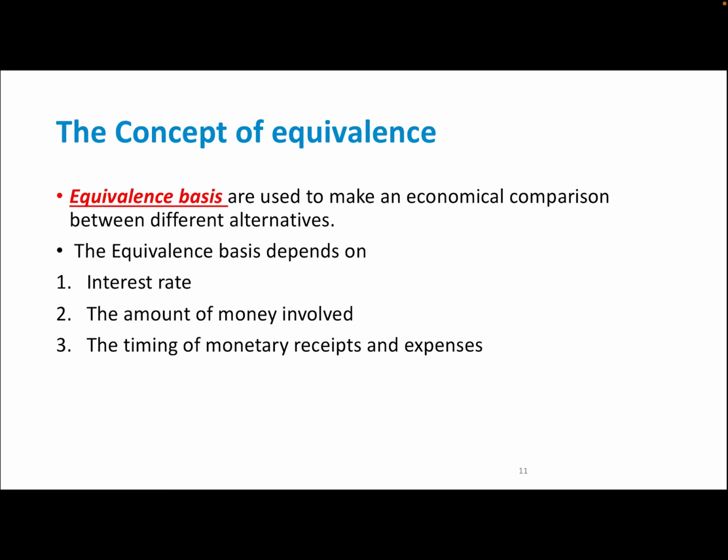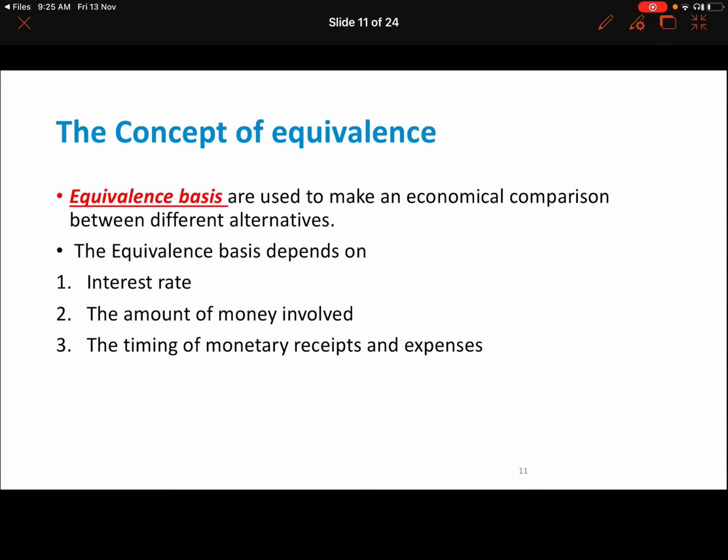So the concept of economic equivalence is based on making an economic comparison between different alternatives. If you remember in our first lecture, we said we must be consistent in our judgment.